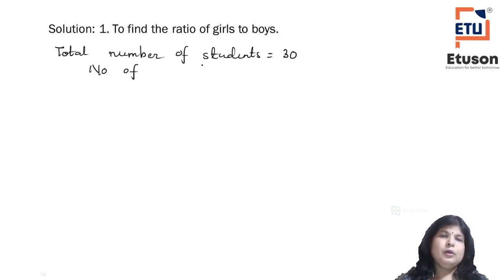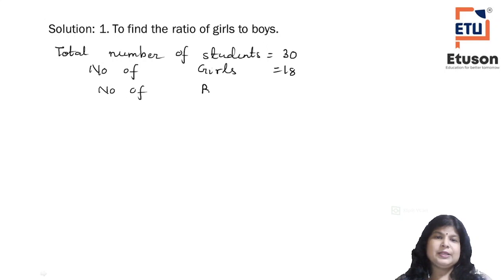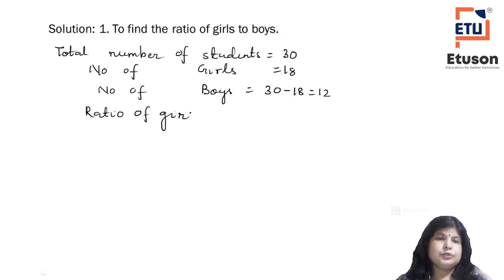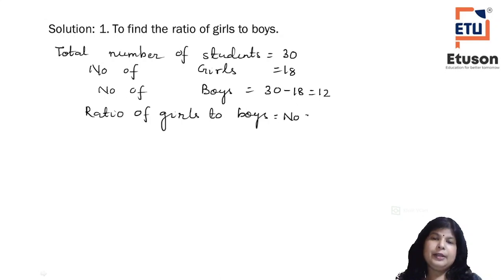Number of girls is equal to 18. So number of boys will be equal to 30 minus 18, that is equal to 12. So the ratio of girls to boys will be equal to, you have to divide the number of girls by the number of boys, right?